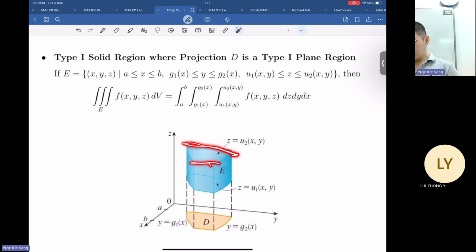Meaning if you fix an x, then your top and bottom limits are bounded by functions of x. This is just theory. Later we will see examples of how we cut these things out.